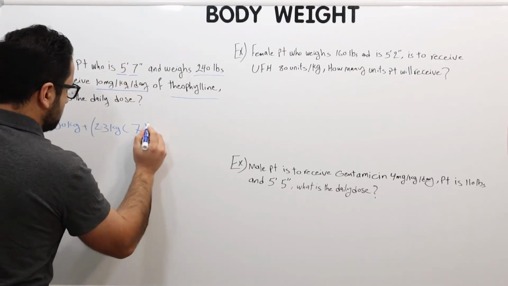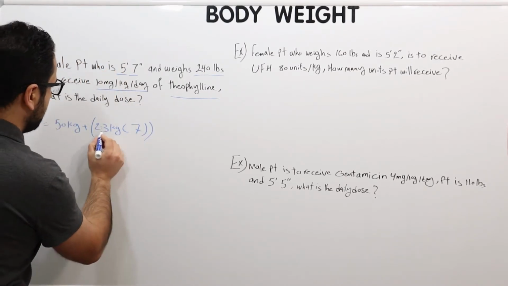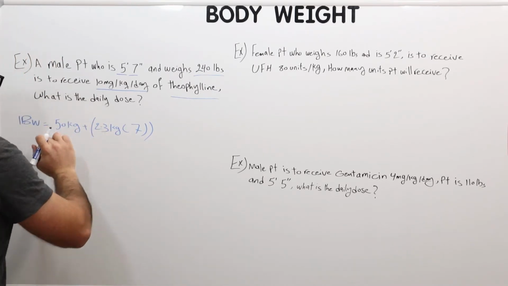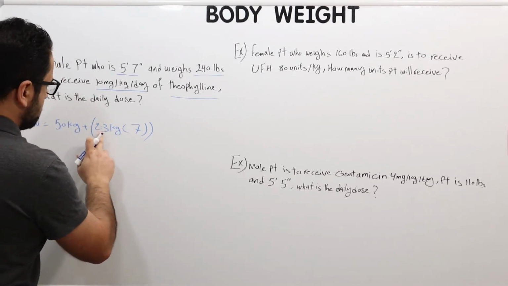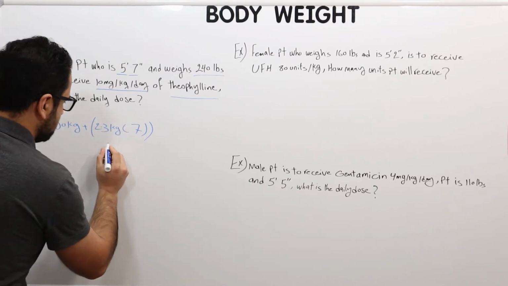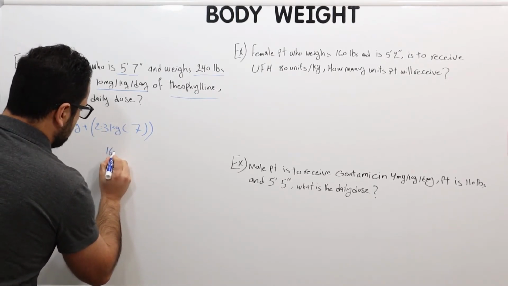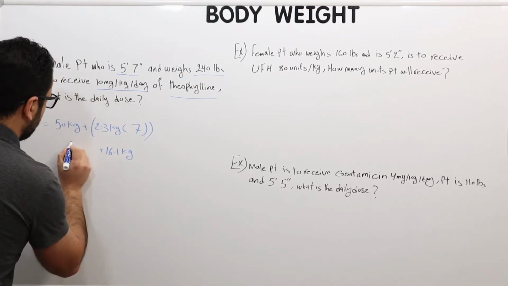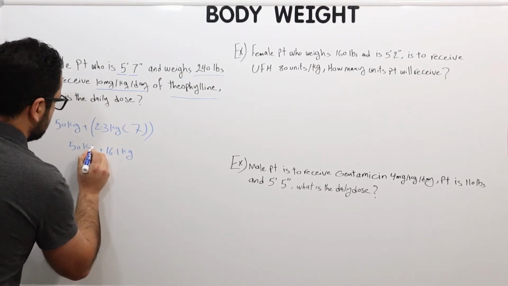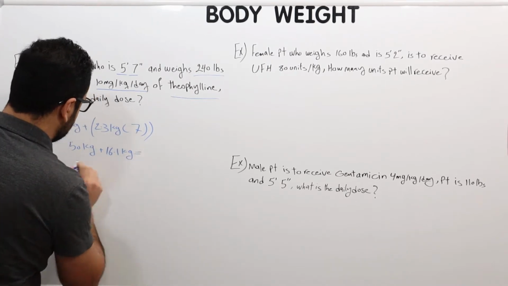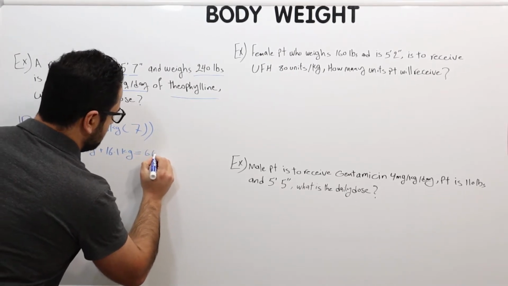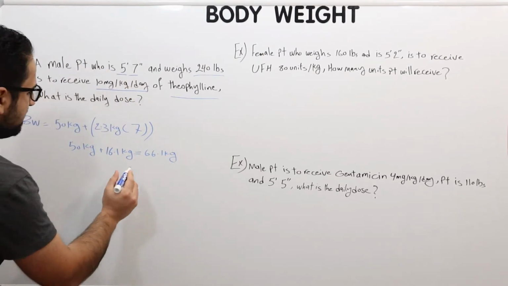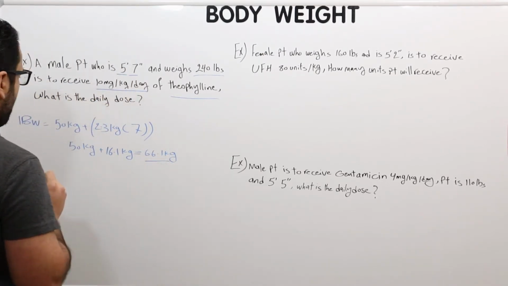We close this with another parenthesis to show it's a multiplication. We do this first, then the addition of 50 kilogram. 2.3 times 7 is 16.1 kilogram, and we have 50 kilogram, so the addition of these two is 66.1 kilogram. Now we have the ideal body weight.